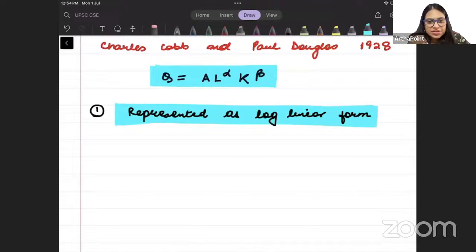In Indian Economics Service, it has been asked in RBI Grade B exam. It has been asked in Economics Optional paper. It has been asked in your NET paper. It has been asked in multiple exams in different ways. So the first property that we are talking about is that it can be represented in the log linear form. बहुत ही आसान है.